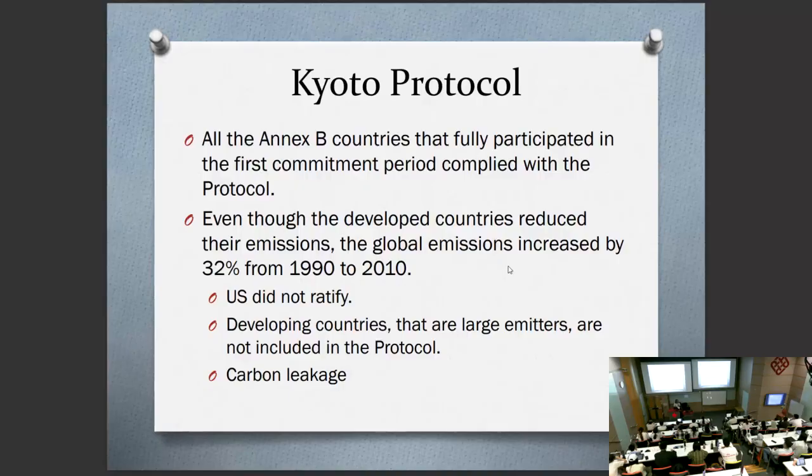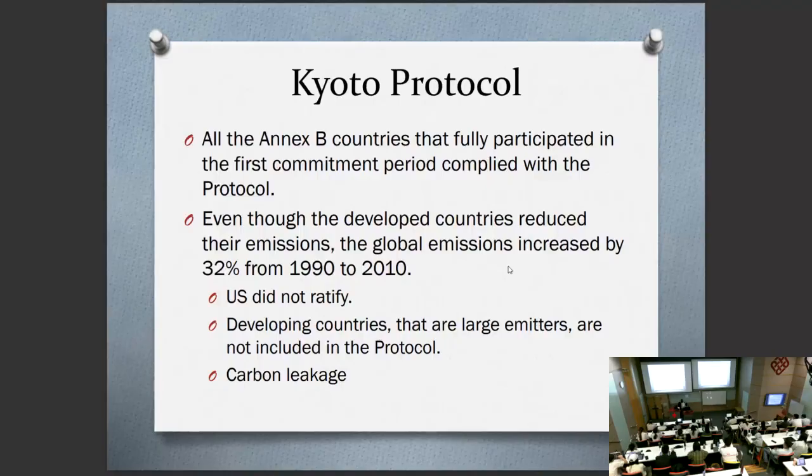And we know that around the year 2010, China had rocket-high economic development, and it resulted in a lot of carbon dioxide emissions.